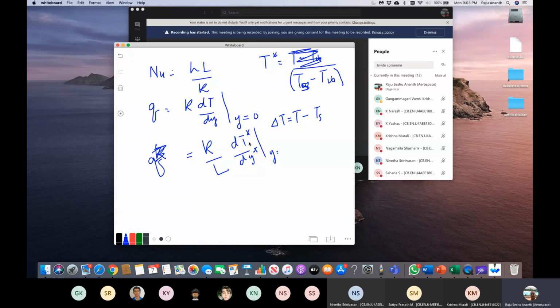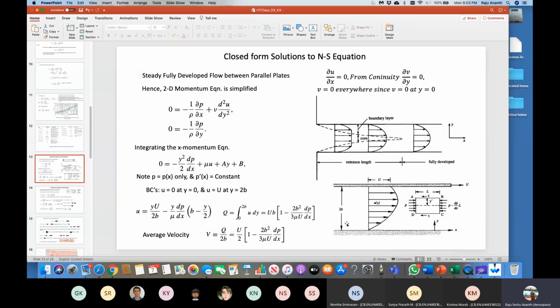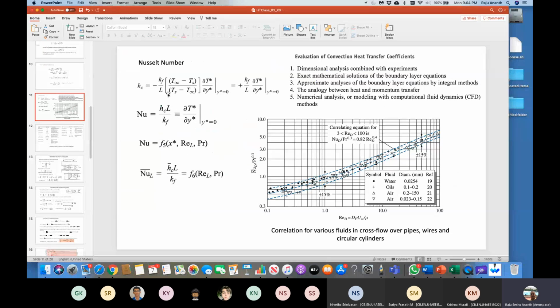So that is the reason, let's see, the Q is, this is okay. All right, so what did I show here? Okay, so K dT dy, T is T star because I've divided any temperature.